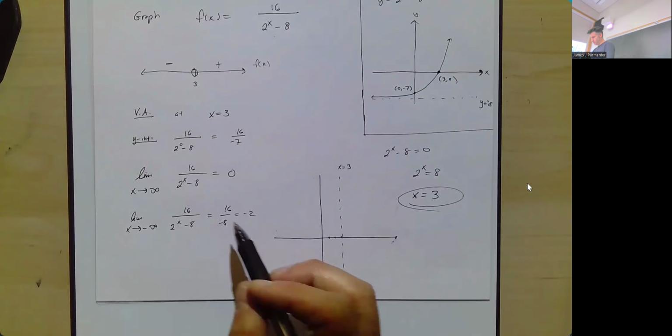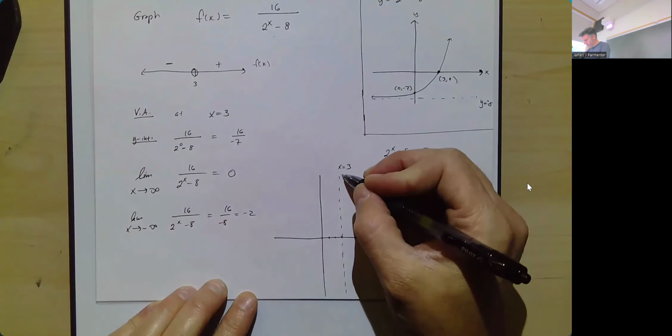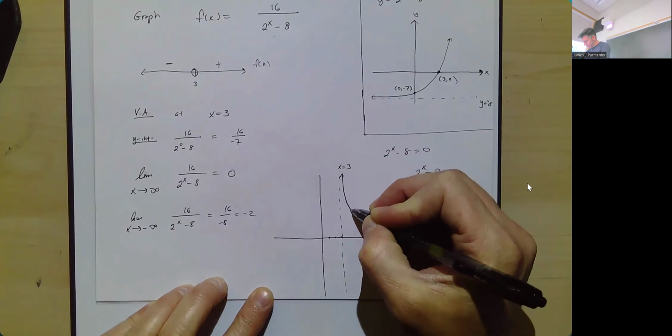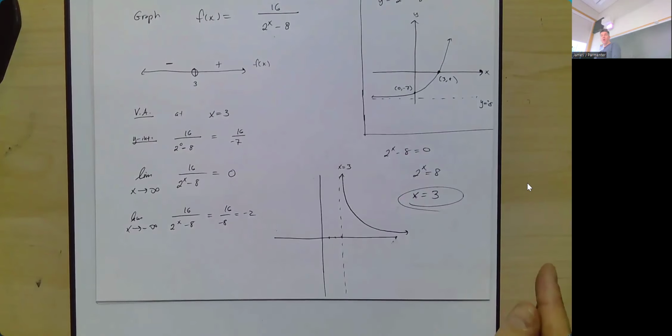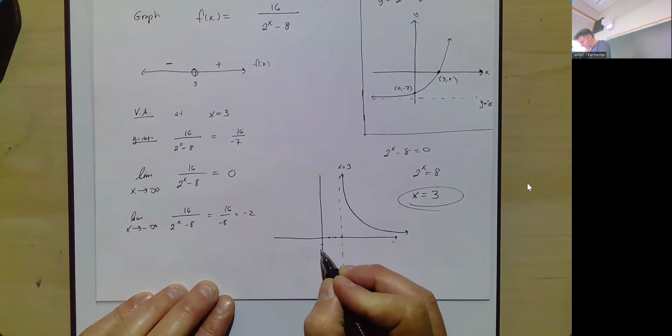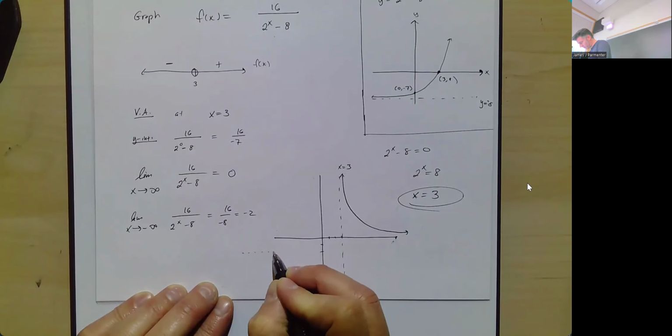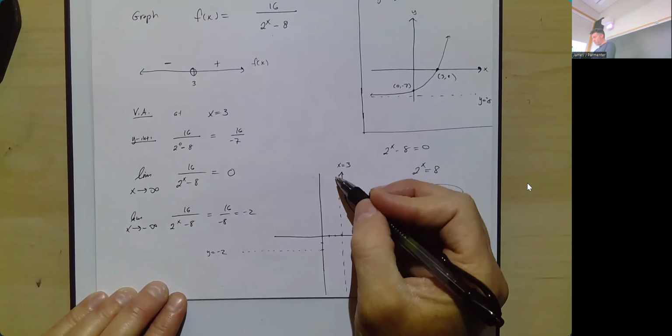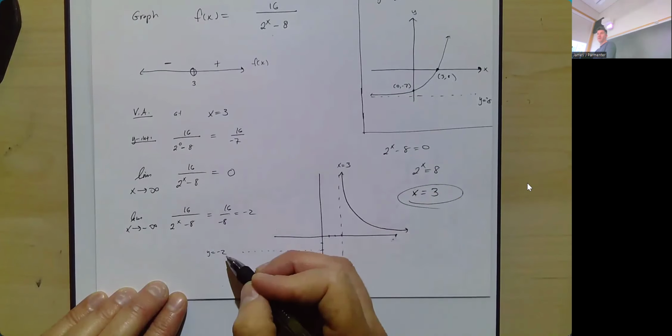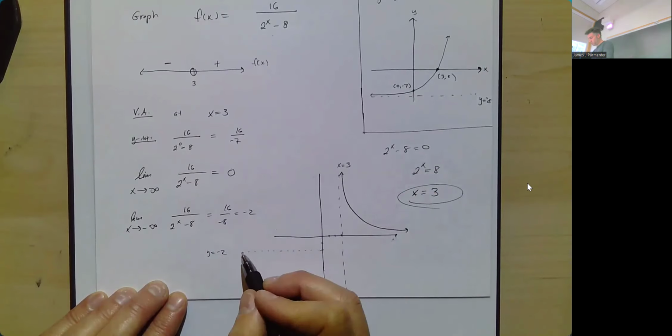So it probably looks something like this, since the graph has to be positive. It can't come from below, because the graph can't be negative over on that side. And on the left side of 3, I know that if I go way, way to the left, the graph is going to get closer and closer to negative 2. It can't come from above because the graph isn't positive left of 3. It has to come from below.